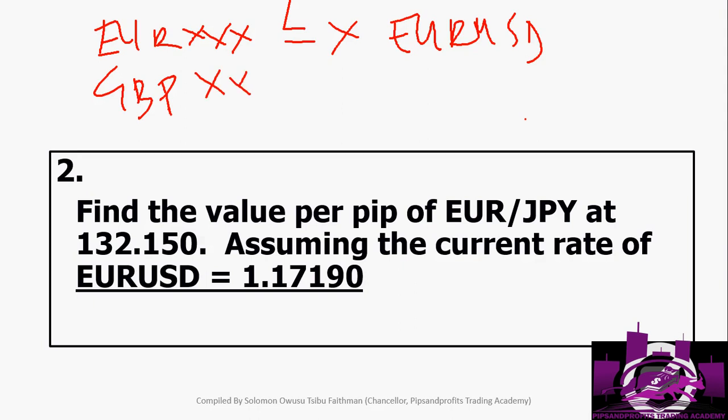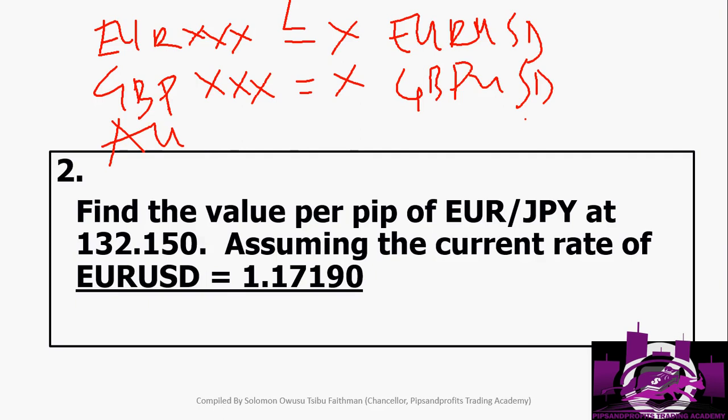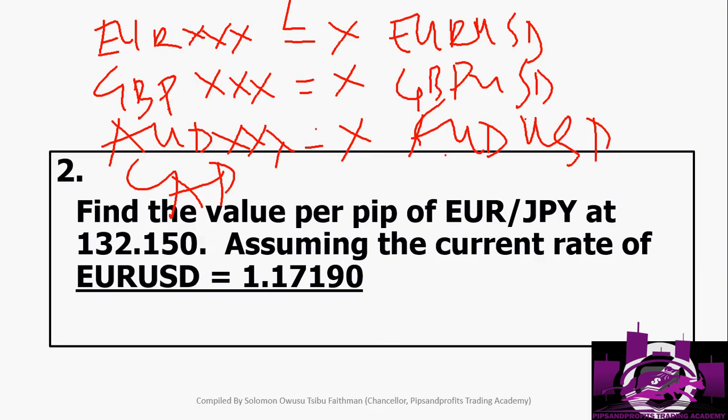If you are doing GBP crosses, that is GBP paired with any other pair without the US dollar, you multiply by GBP USD. For those who are not here, this is the conversion rate. And if you are doing AUD crosses, you multiply by AUD USD. And we said that with CAD crosses, for example CAD CHF or CAD JPY, you multiply by the inverse of USD CAD.